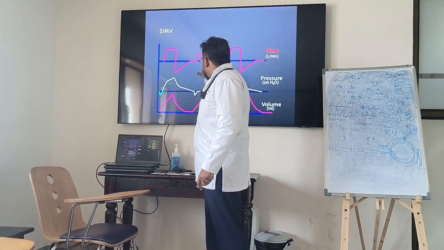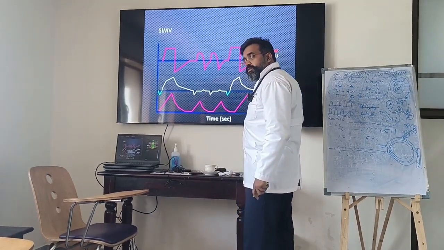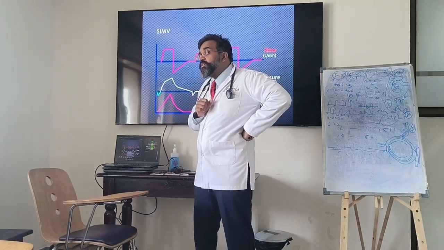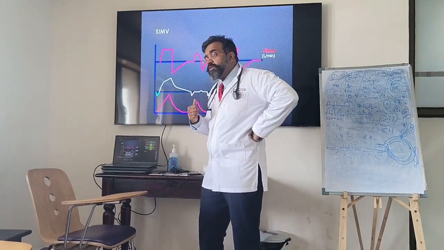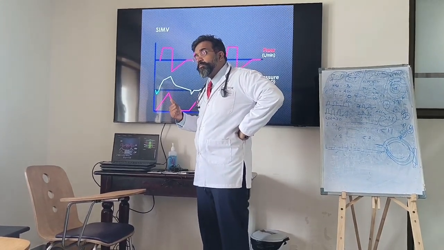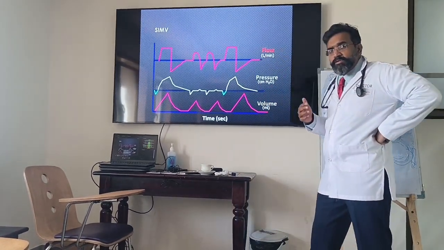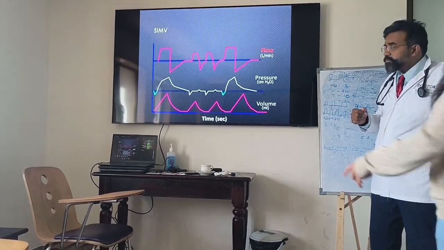Forget the center. There is a constant tidal volume here. So how can this be pressure? Where is the constant pressure? Where is your pressure waveform? Come here. Where is the pressure waveform here?